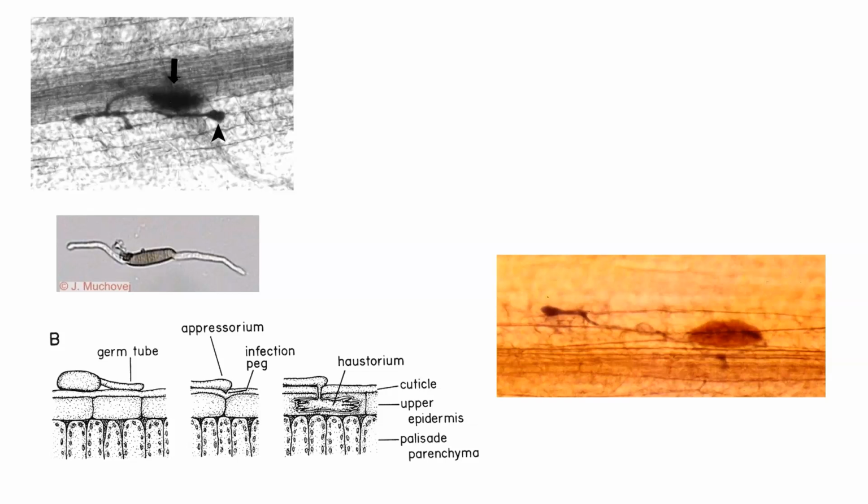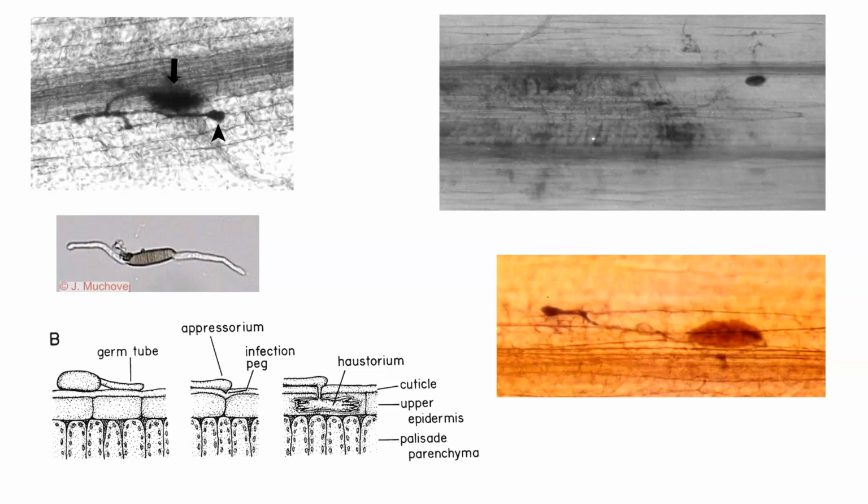This shows you another one. You can see the spore over here on the right-hand part of the photograph. It's a larger mass. Then the little tube coming out, and then the appressorium being formed over top, where it is penetrating through the host defenses of the cuticle and the cell wall. After it gets in, what we get is the formation of symptom.